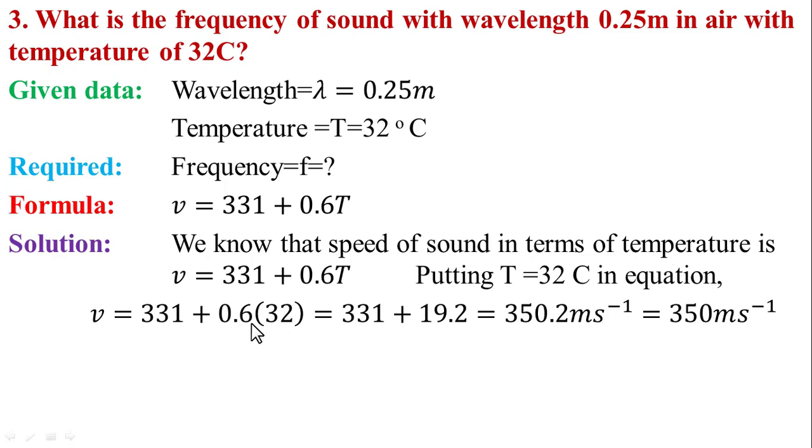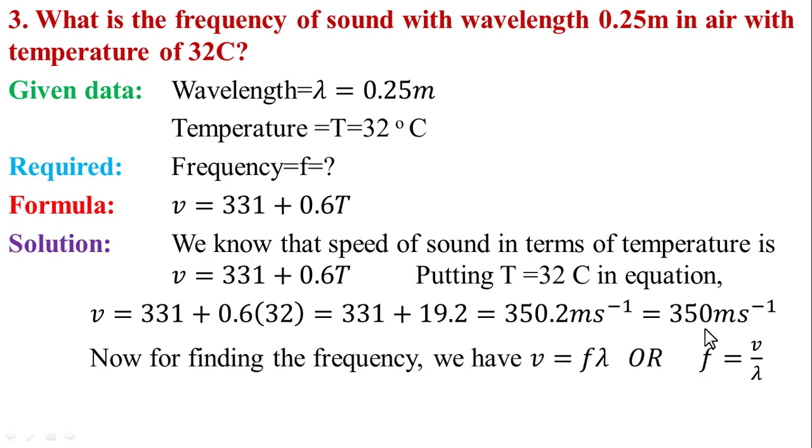So 0.6 multiplied by 32 is equal to 19.2. Then V is equal to 331 plus 19.2, that is equal to 350.2 meter per second, approximately 350 meter per second. So the speed of sound at temperature T equal to 32 Celsius is 350 meter per second.